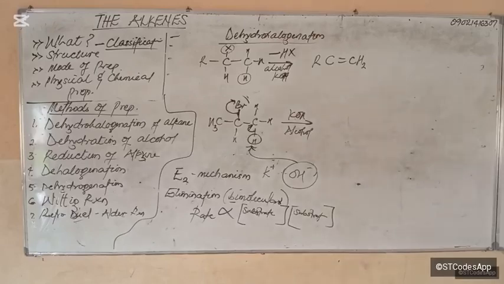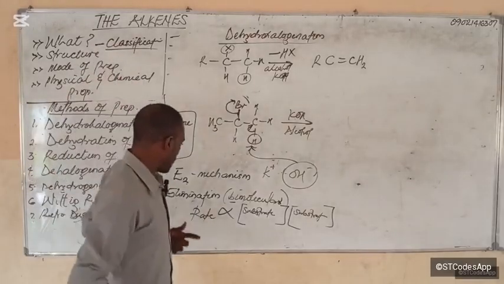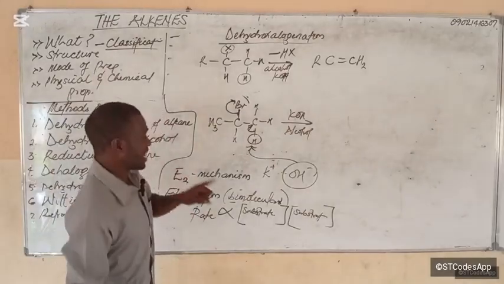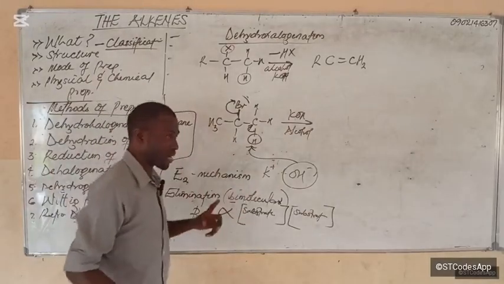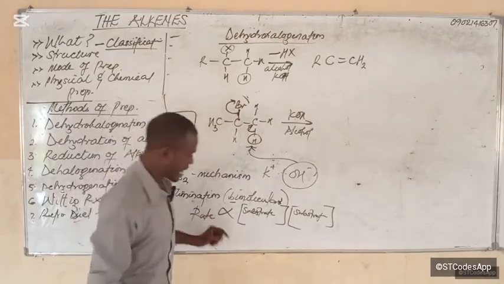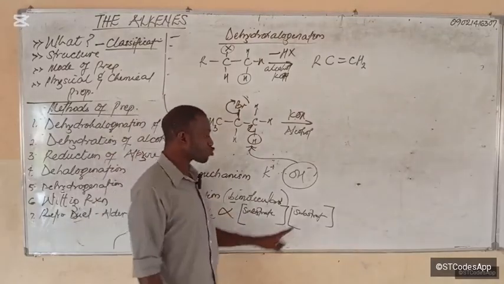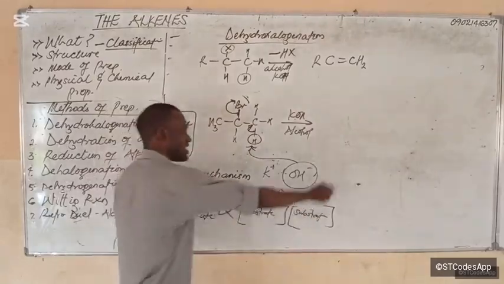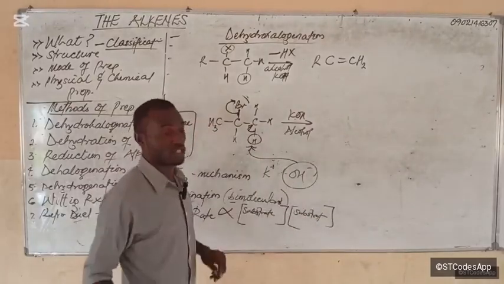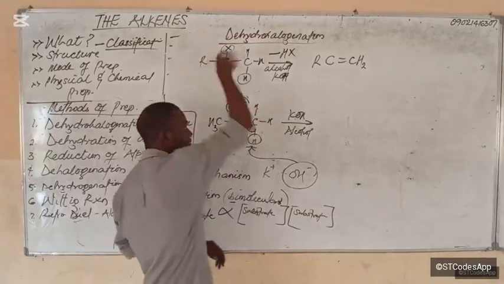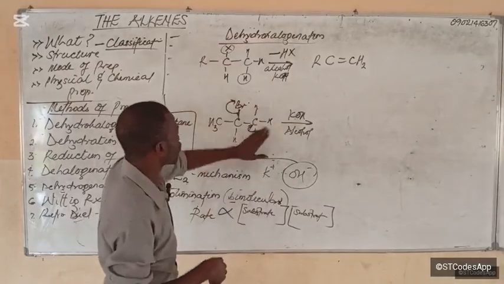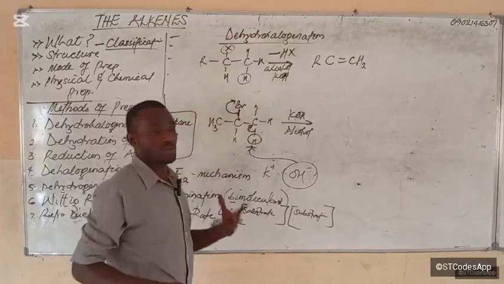Alright, so I said that it is an elimination reaction. It is bimolecular. Why? Because the rate of the reaction depends on two substrates: the base that is attacking the hydrogen and the leaving group. This leaving group has to be a good leaving group.